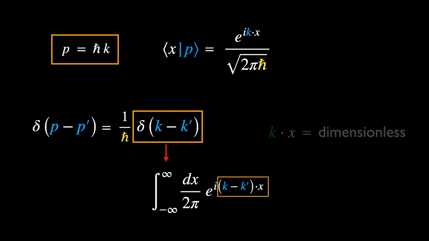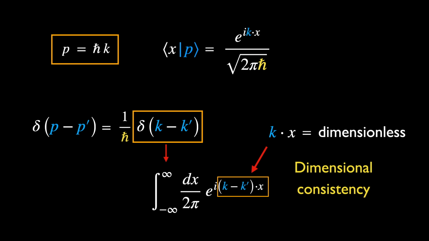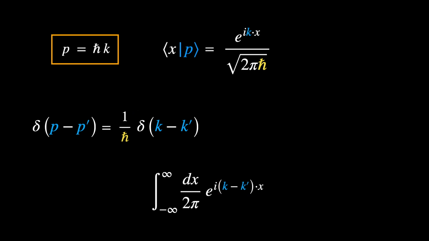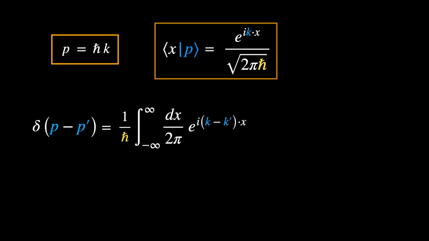Notice that the argument of the exponential function is dimensionless. This is necessary to ensure dimensional consistency. Therefore, we always choose an integration variable with the right dimensions, which in this case is position, to cancel the inverse length dimension of k. In such a way, we end up with an h-bar in the denominator.